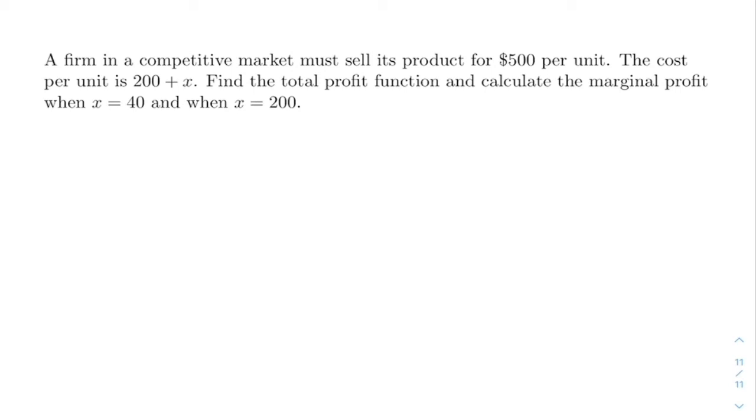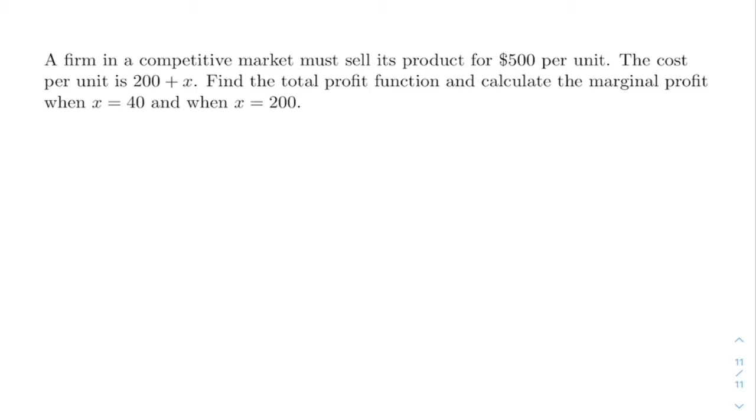And also the cost of producing each unit is 200 plus X, where X is the number of units that we're producing. So the question is to find the total profit function and calculate the marginal profit when X is equal to 40 and when X is equal to 200.